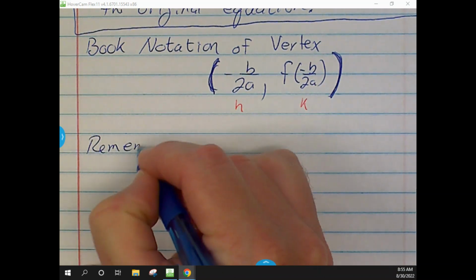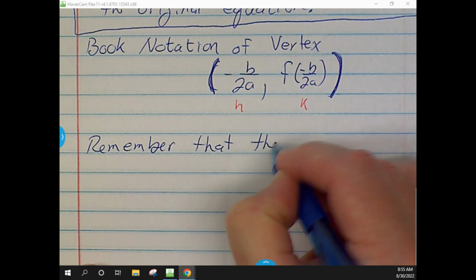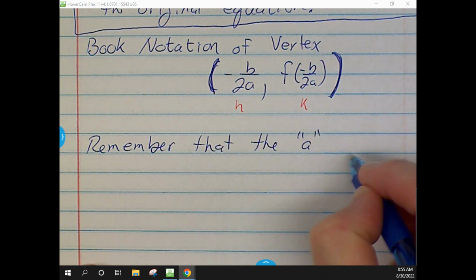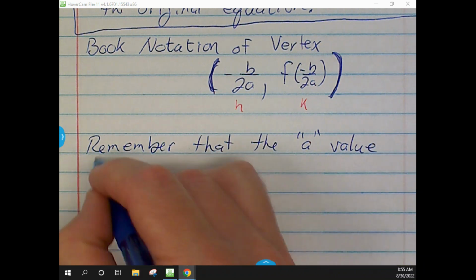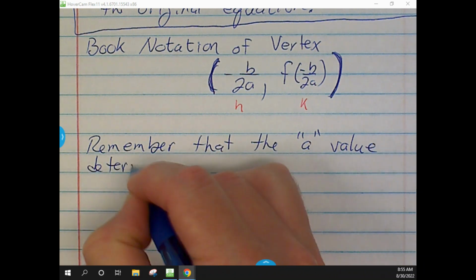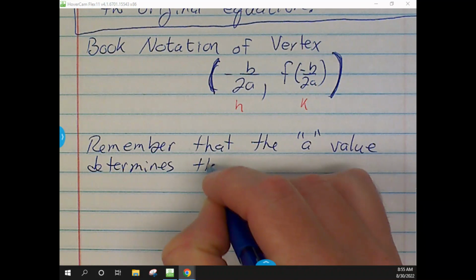So just remember that the a value determines the direction of the graph. Just like we did yesterday, if the a value was positive, it was opening up. If the a value was negative, it was opening down. Those same things are going to hold true today. So the a value determines the direction of the graph.